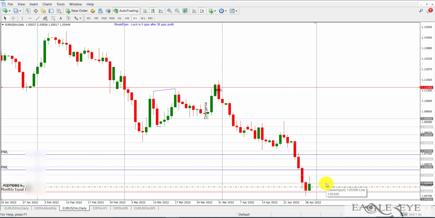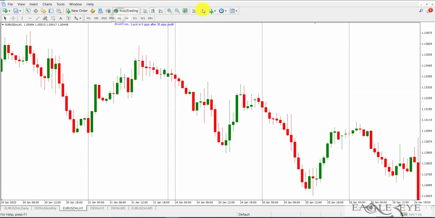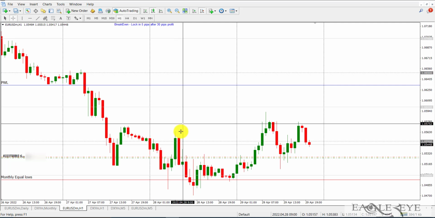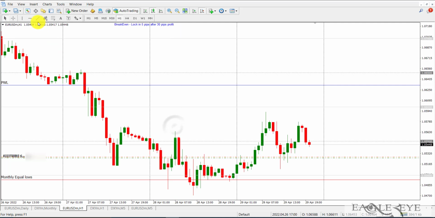So in my expectation, looking at what price is doing on the lower time frame, maybe the 1 hour, now you see monthly equal lows taken out, right? Price coming back into the range. We take out this particular high over here, this particular high right there.